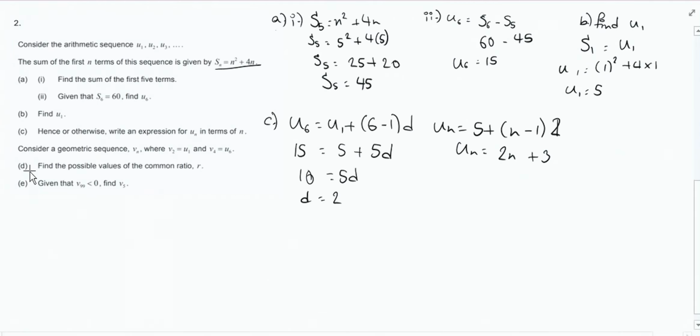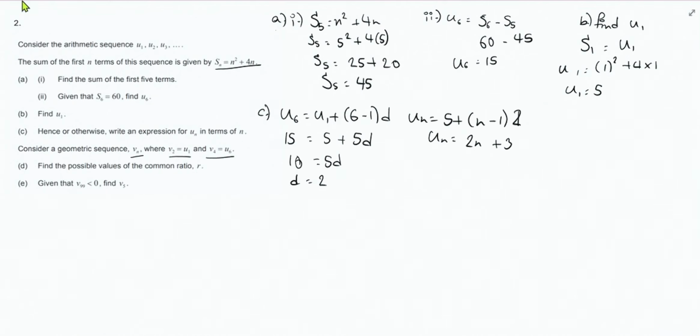Now in D it says find the possible value of the common ratio r. It is also given that we consider a geometric sequence vn where v2 is u1 and v4 is u6. So v4 is v2 into r to the power 2.